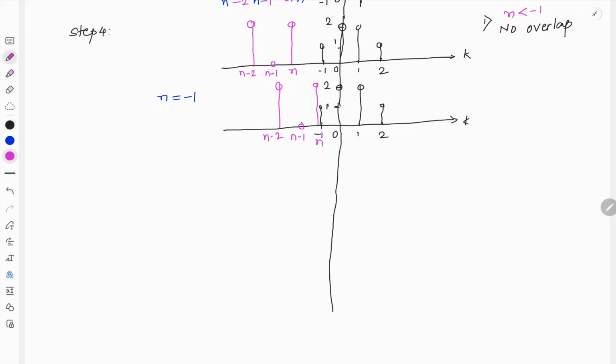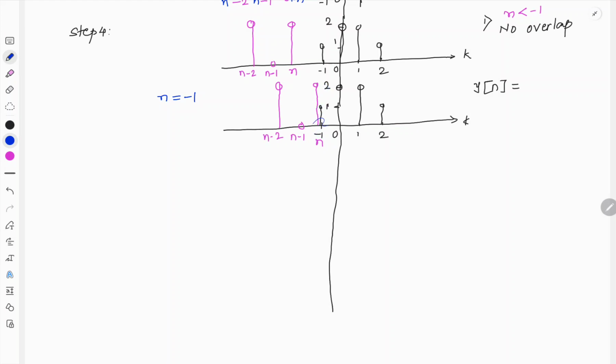with amplitude 2. So for this case we need to evaluate y of n, and whatever samples are overlapping, here n and minus 1 samples of x and h are overlapping. So x at minus 1 is 1 and h at n equal to minus 1 is 2.